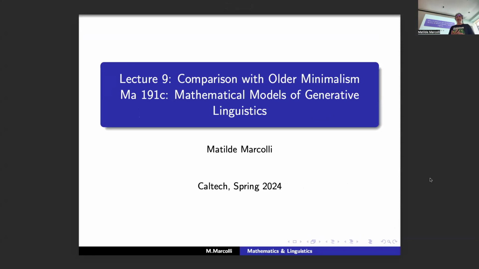I want to emphasize that if we try to give a similar description in terms of Hopf algebras, using the same properties we use to describe the generative process in the most recent version of minimalism, it gets much more complicated to model the earlier version.